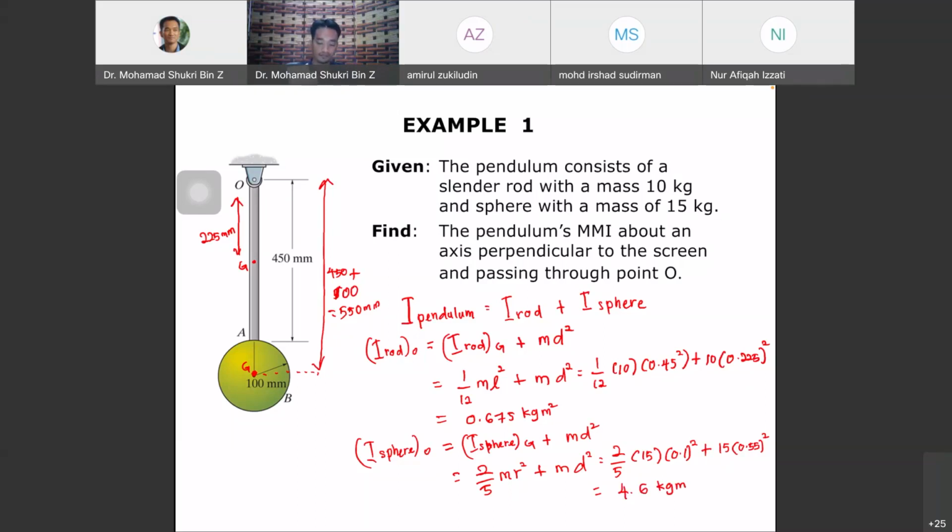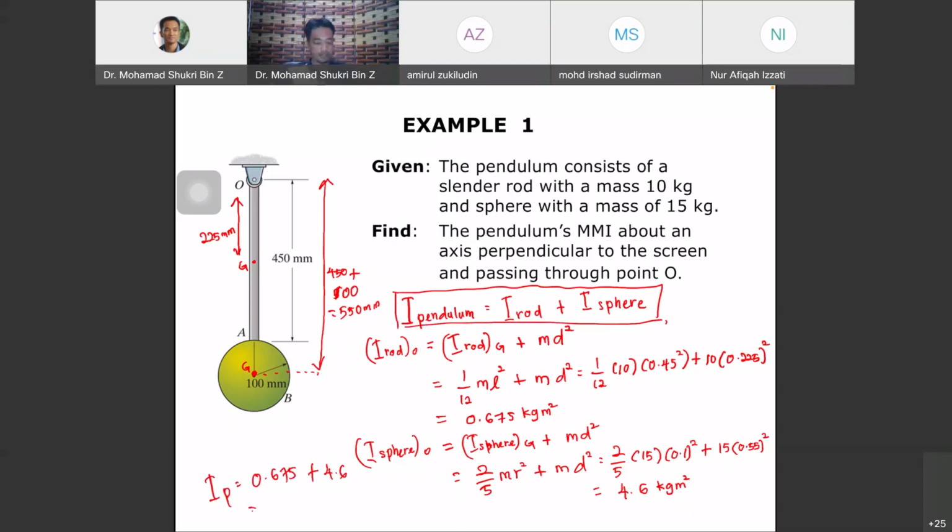Okay, so final answer just tambah saja, gunakan rumus yang tambah saja. Rod plus sphere. So I equal to 0.675 plus 4.6.